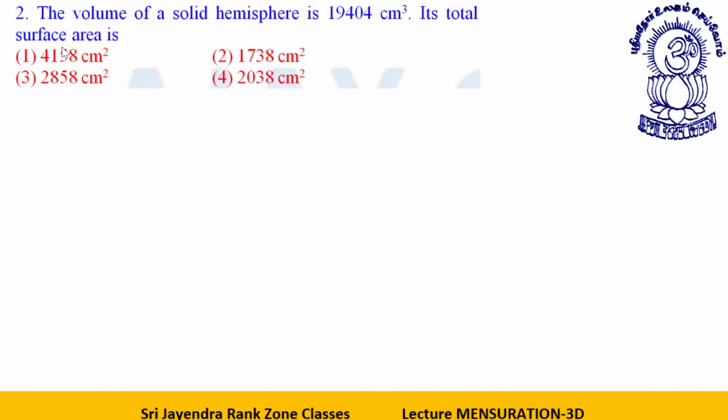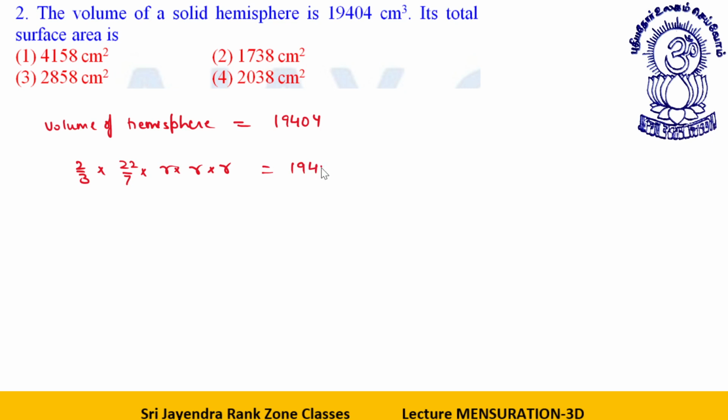The volume of a hemisphere is 19404. Volume of hemisphere is given to you as 19404. I can say 2 by 3 pi r cube with pi as 22 by 7. Surface area you have to find.